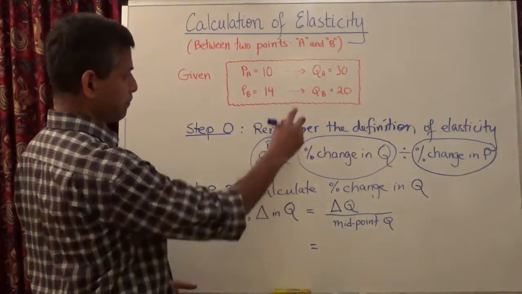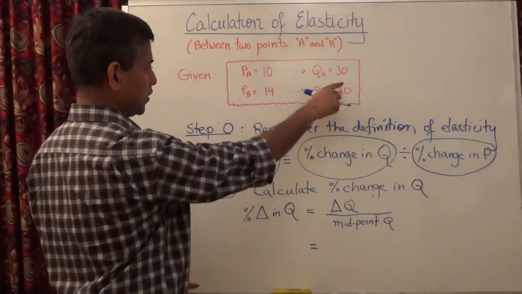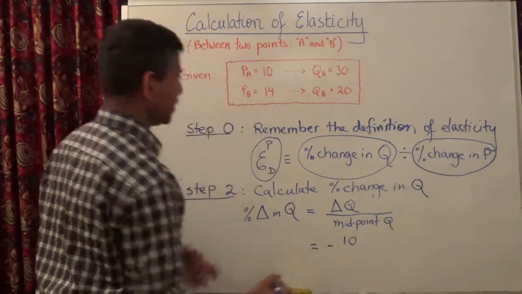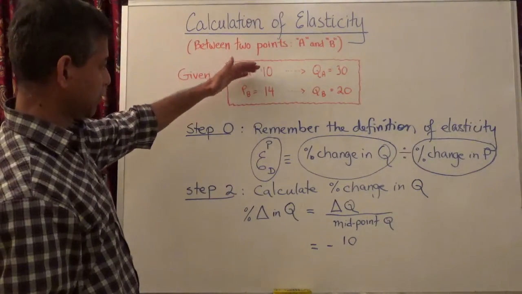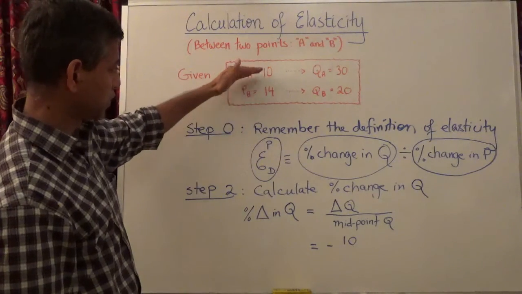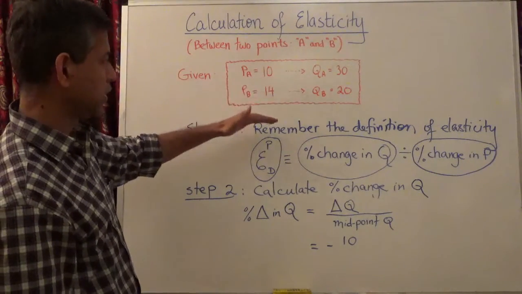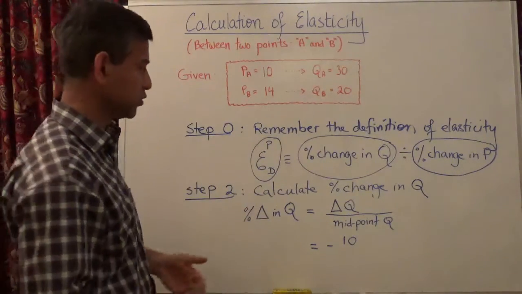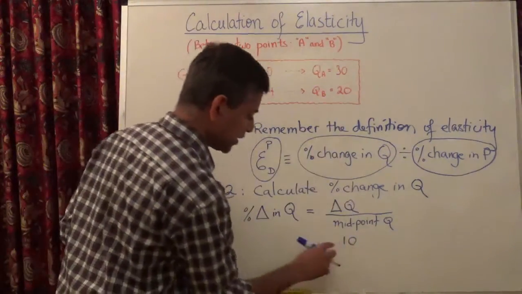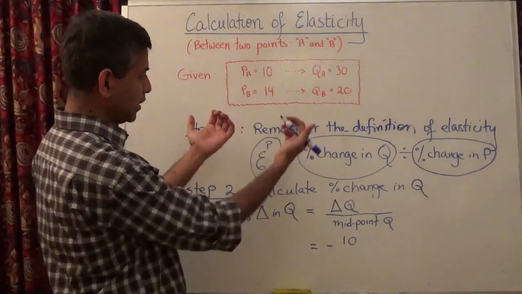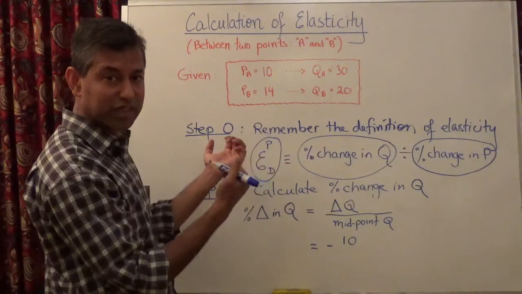So the difference is, well, we are going to recognize that when we move from 10 to 14 and 14 to 10, when we were looking at the difference in price, we were looking at a positive change of 4, but here we should be looking at the negative reaction to it, so negative 10. The negative sign is capturing the law of demand, that price and quantity are moving in opposite directions.